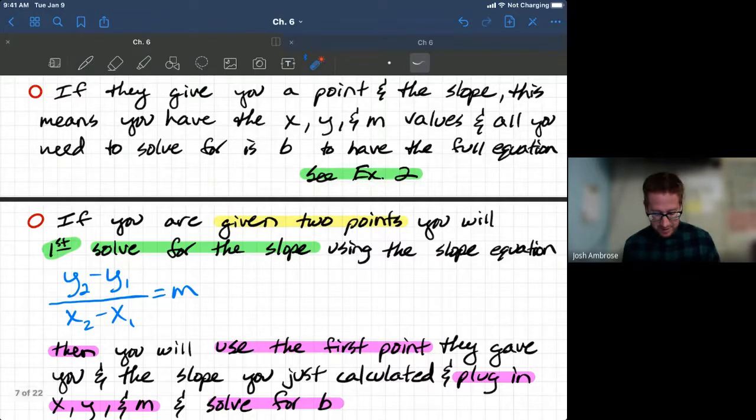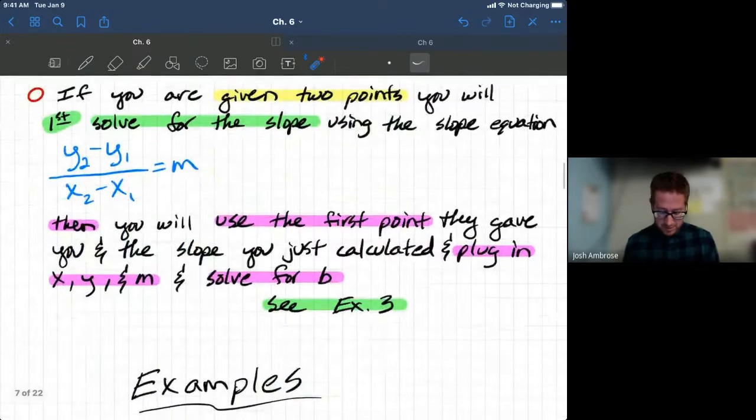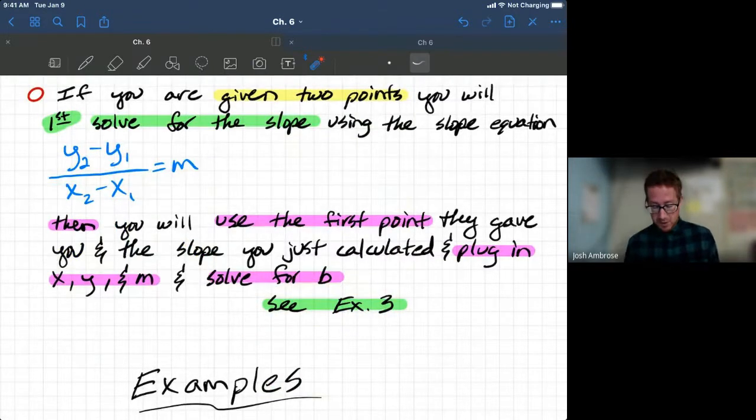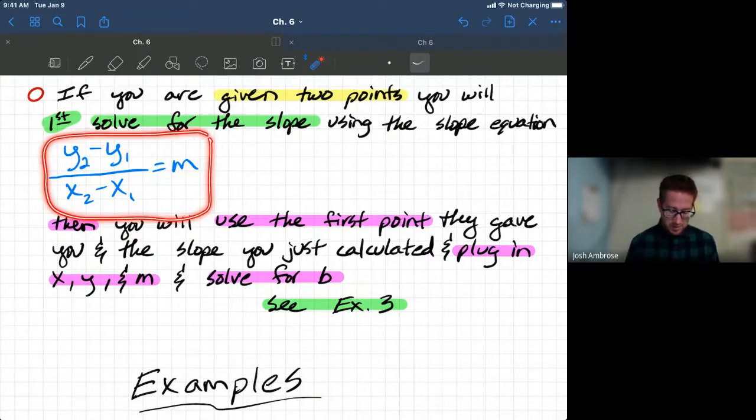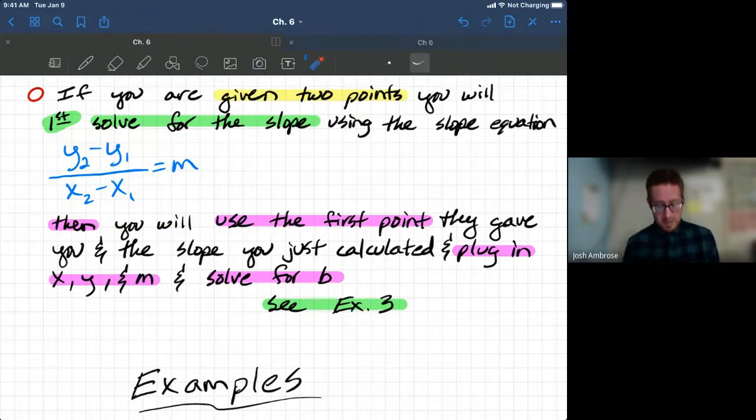And then the final one, which you're going to see in example 3, is where you're given 2 points. When you're given 2 points, you have to go back and remember this guy right here. That's the slope equation. So you have y2 that goes first, minus y1, all divided by x2 minus x1.